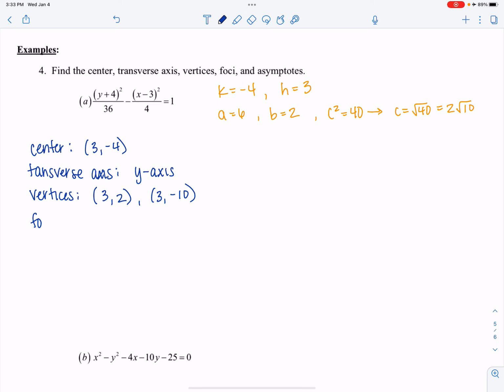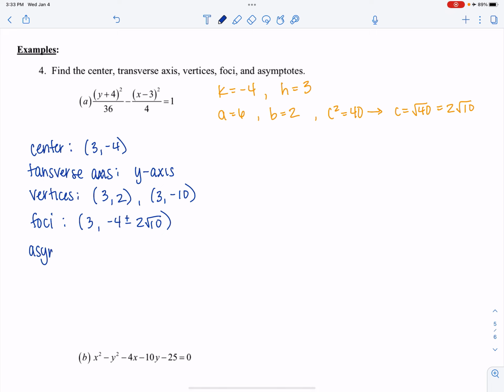Our foci are 3, and then negative 4 plus or minus that 2 root 10. So one of them is negative 4 plus 2 root 10, and one of them is negative 4 minus 2 root 10.